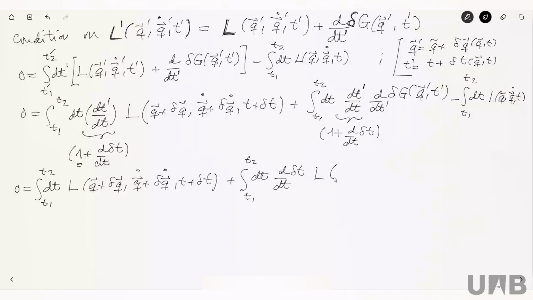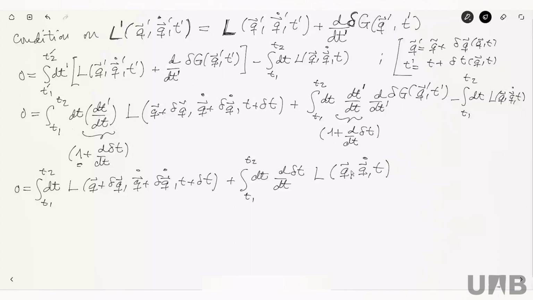And now notice one thing, because here the delta t is already a further epsilon, is already a further first order in the Lagrangian, which in principle depends on q plus delta q, q dot plus delta q dot. I can immediately put q, q dot, and t, because if I put also the delta q's and delta q dots and delta t's, that would be second order, right?